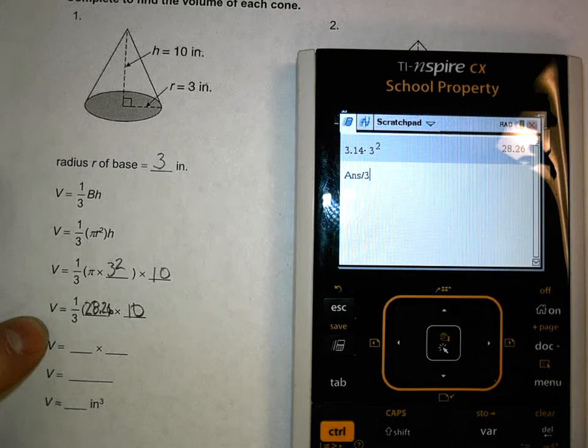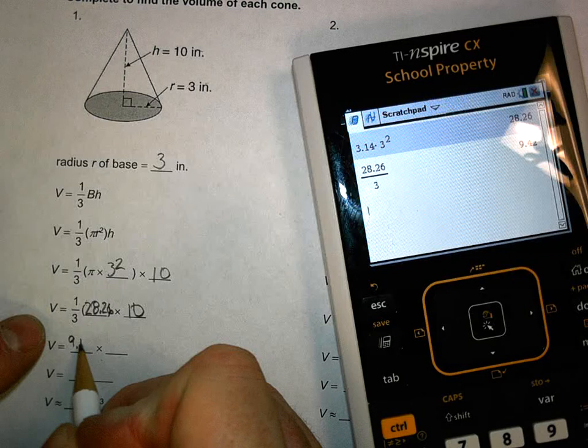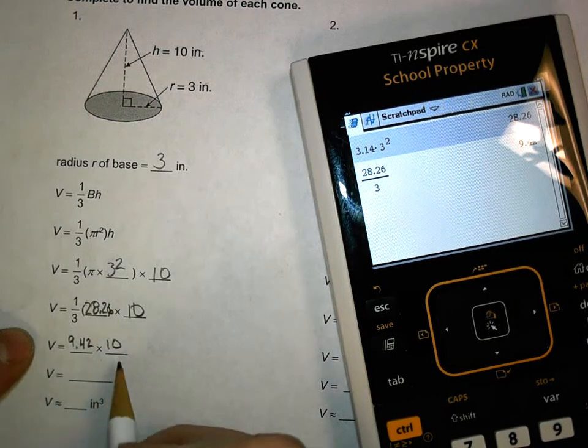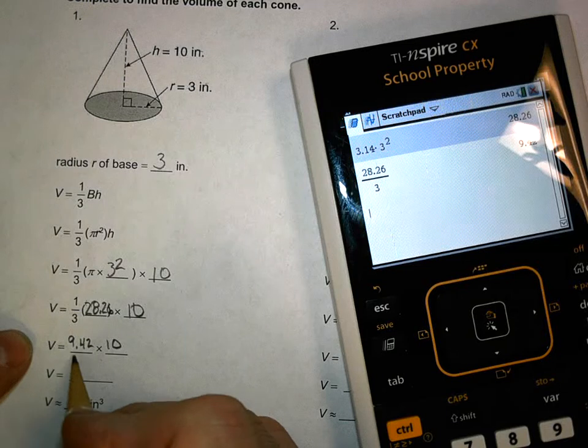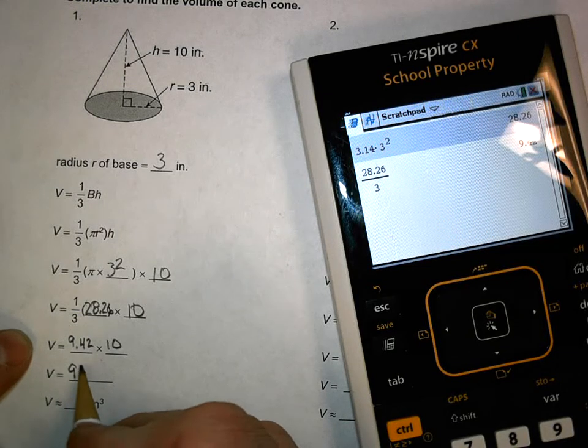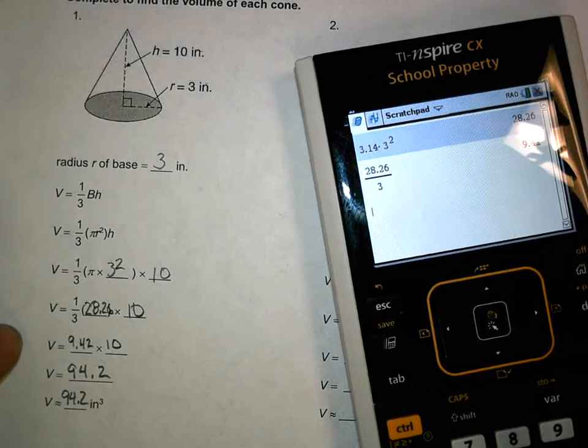So divide by 3, and I get 9.42 times 10. When we multiply by 10, all we're doing is moving the decimal one place, because we're making it bigger by 10. So volume equals 94.2, or down here, 94.2 inches cubed.